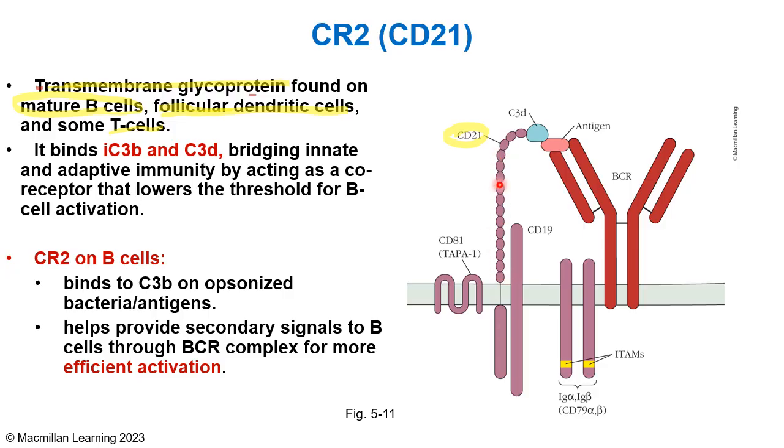Okay, here on the surface of these cells, this receptor is going to bind to a piece of C3 that got cleaved. But this C3 here is not C3b, it's another piece, it's called C3d. Okay, but it's a piece of C3 that got cleaved.